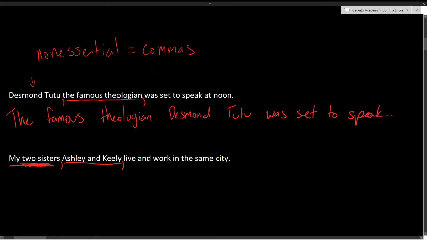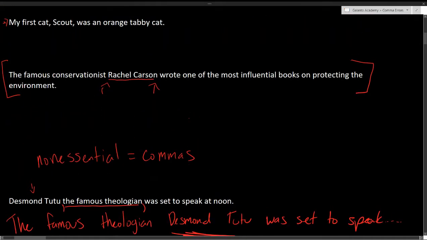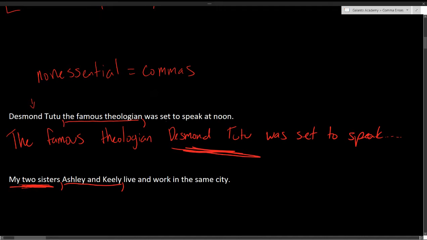And you know the rest of the sentence. This would become our appositive, but it would be necessary because much like the sentence before, the famous conservationist, if we took out Desmond Tutu, suddenly we wouldn't know who this famous theologian was.